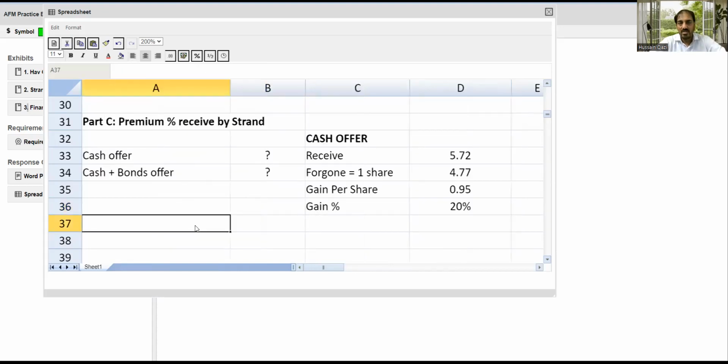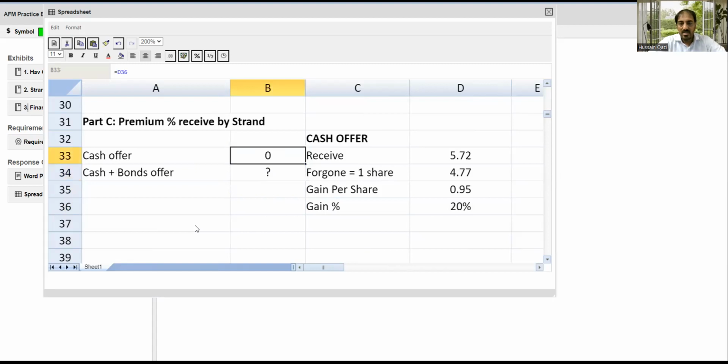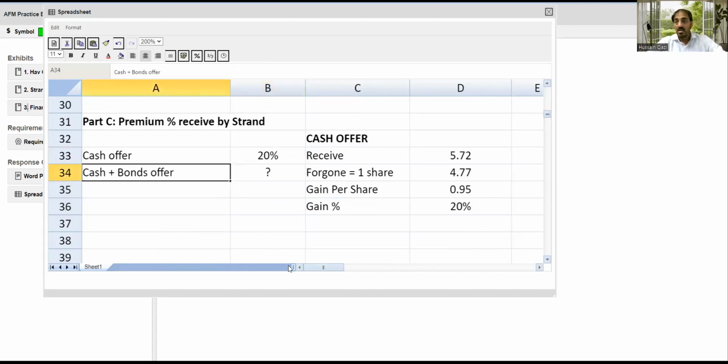That's the cash offer. For every method, you just develop the mindset accordingly. And what if the situation is about the acquirer? What will be the gain of the acquirer? That's a different context, so you have to develop the mindset.